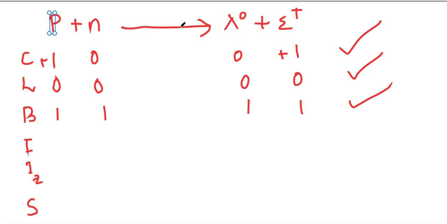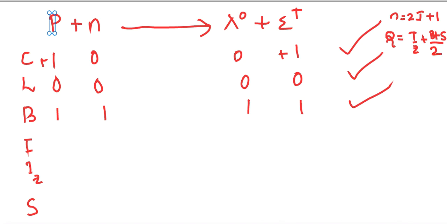If the number of members of the multiplet is n, then n is equal to 2I plus 1, where I is the isospin. Similarly, if the charge of a particle is q, then q is equal to Iz plus B plus S by 2, where B is the baryon number and S is the strangeness.